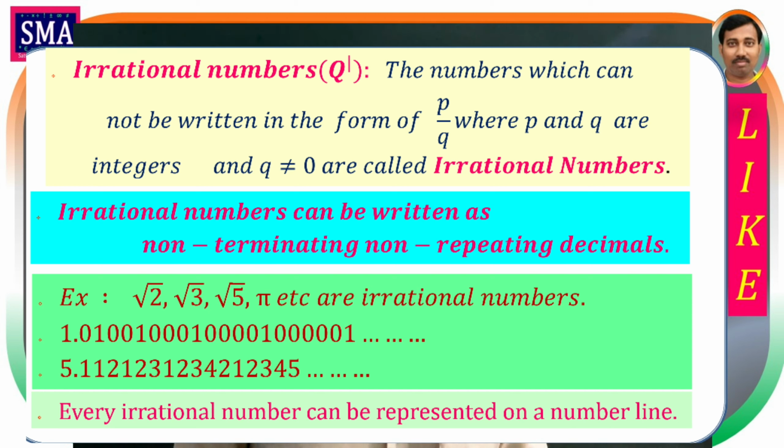For example, 1.01001000100001 and so on, and root 3, root 2, root 5 and pi. Every irrational number can be represented on a number line, as can rational numbers.